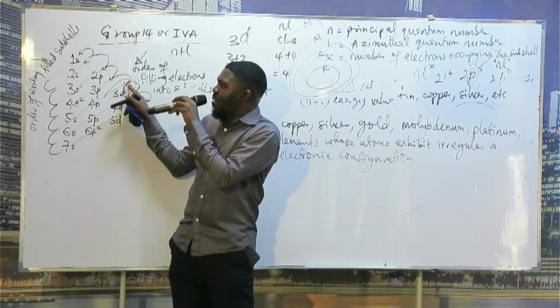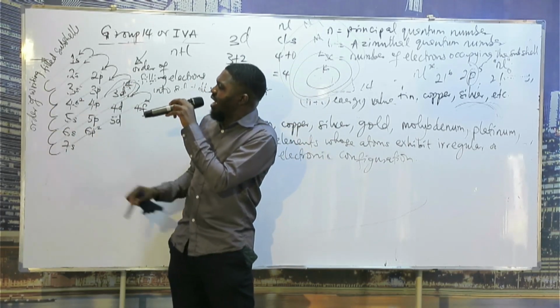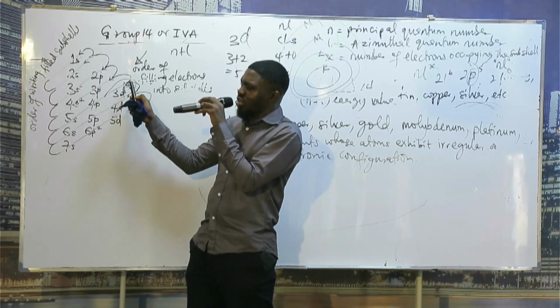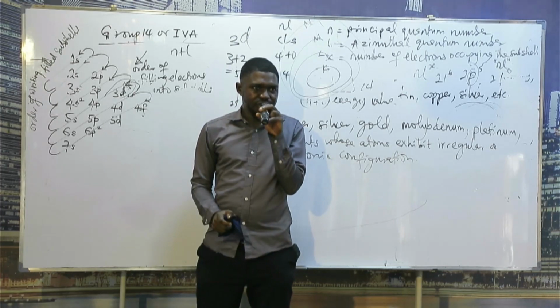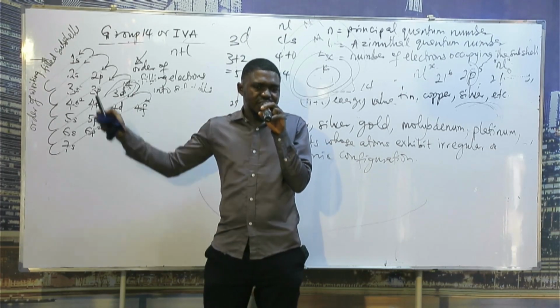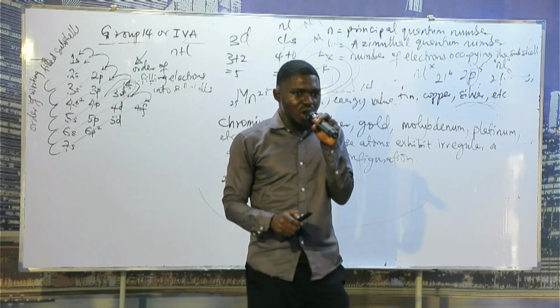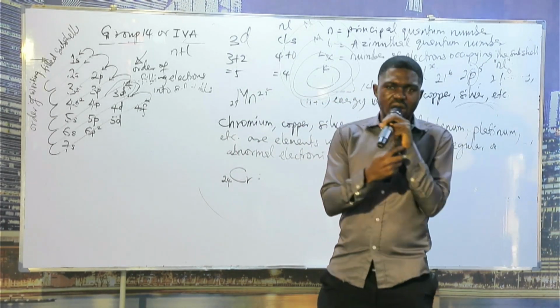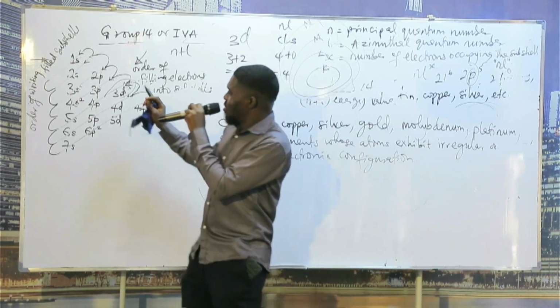So instead of 4, it was observed that in the chromium atom, this electronic configuration does not exist. In this state, chromium is unstable. Chromium needs to be stable.